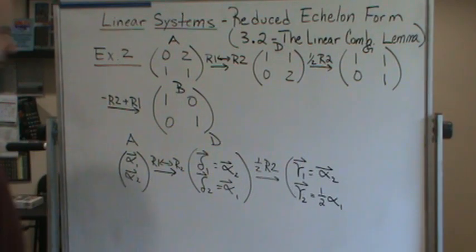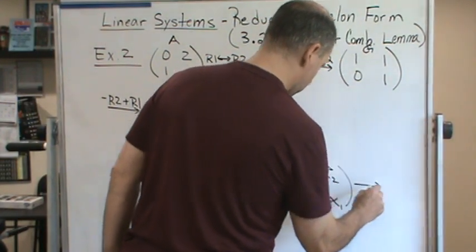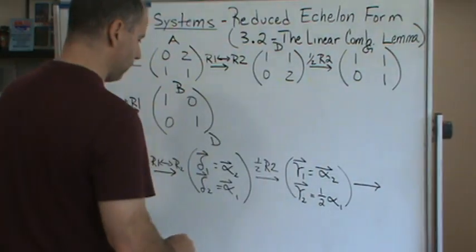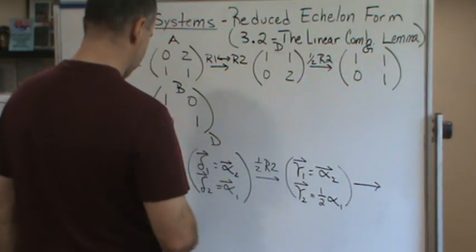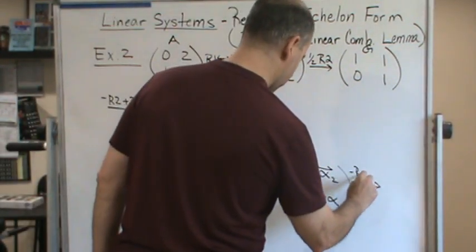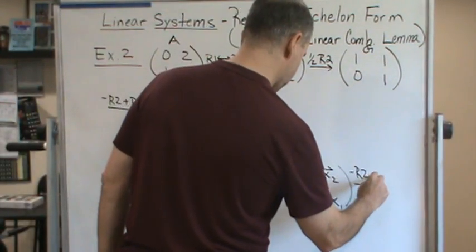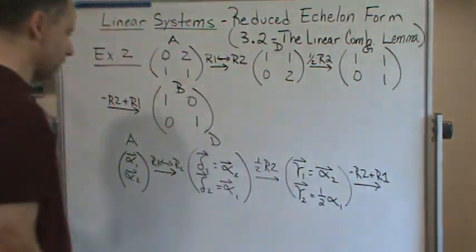And now finally, we have the elementary row operation. What are we doing? Oh, that's right, negative R2 plus R1.